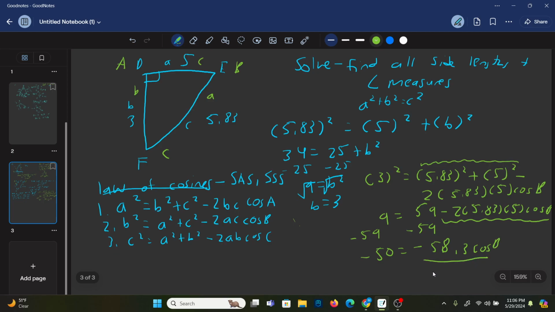And you need to divide this because it's multiplied with the cos b. And we get cos b equals 0.8576.